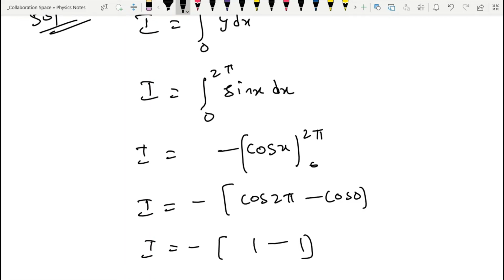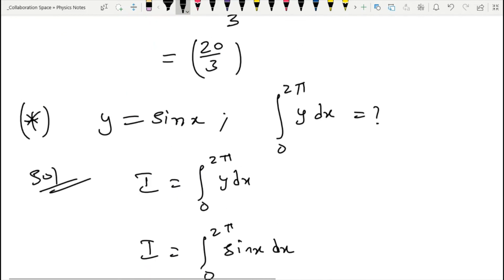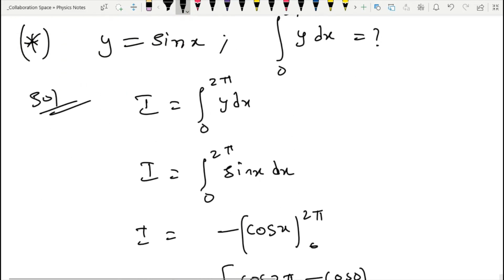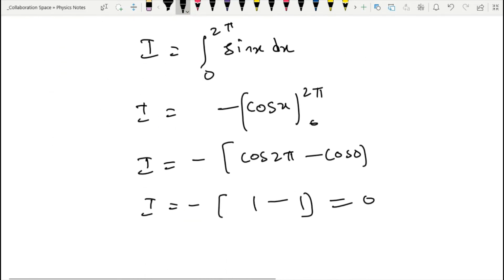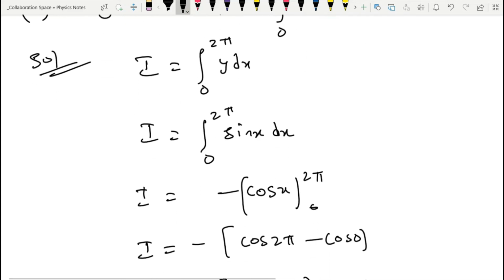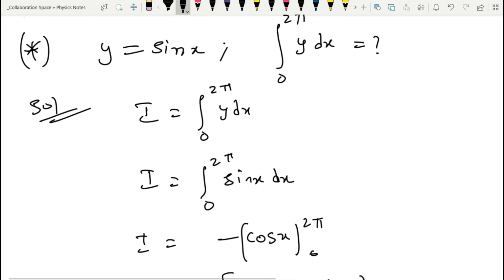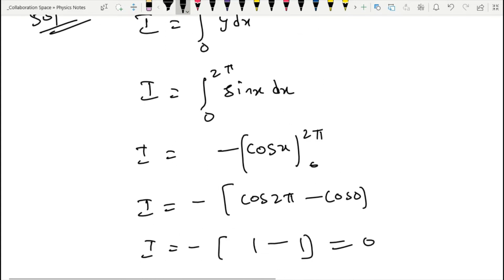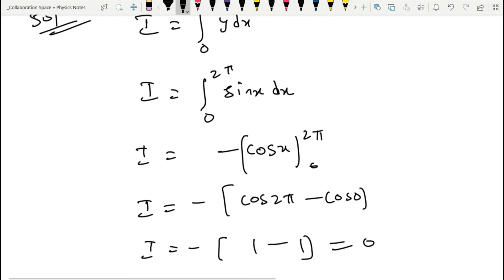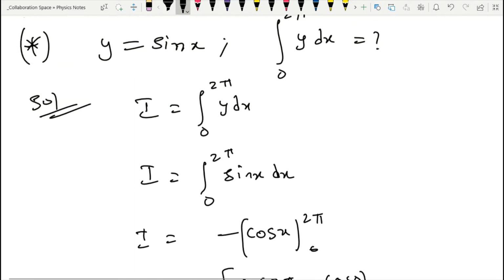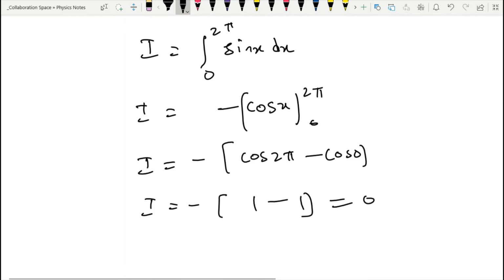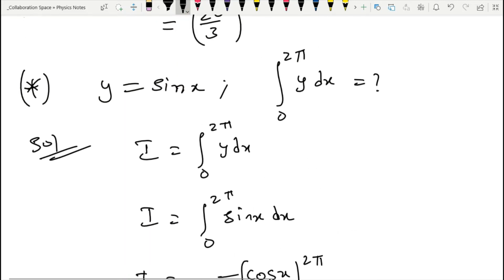Cos 0 is also 1. 1 minus 1 is 0. The answer is 0. Any doubt, students?